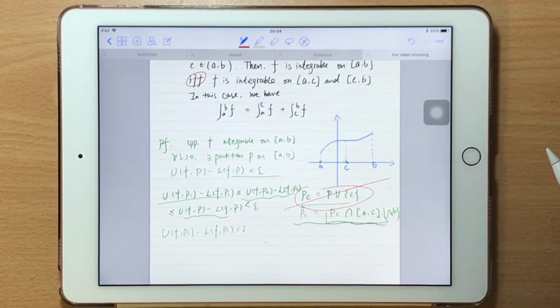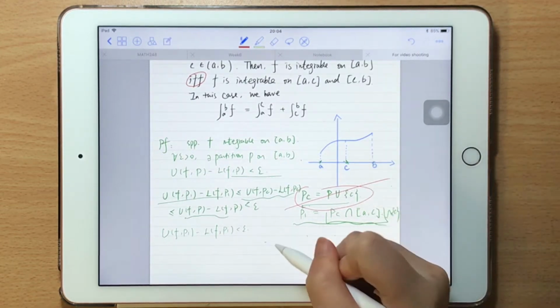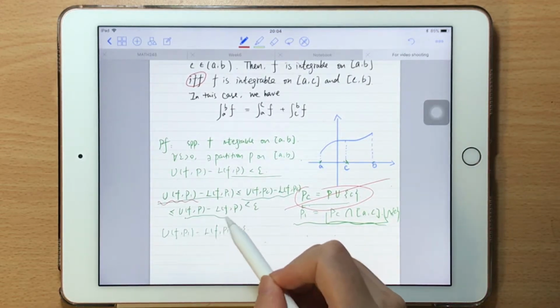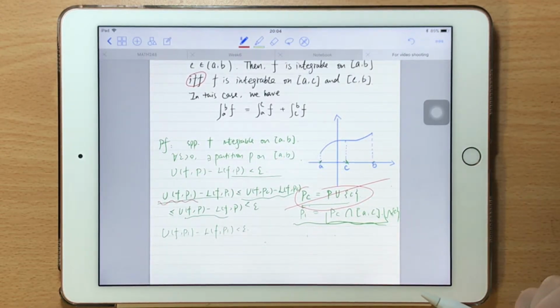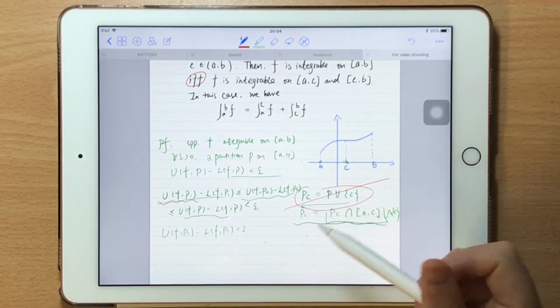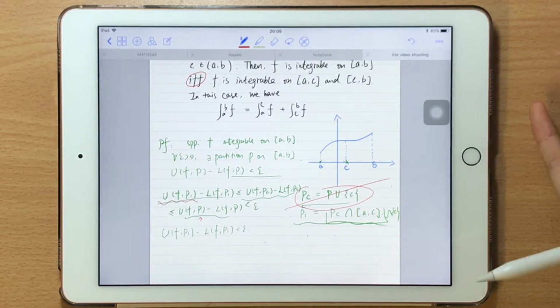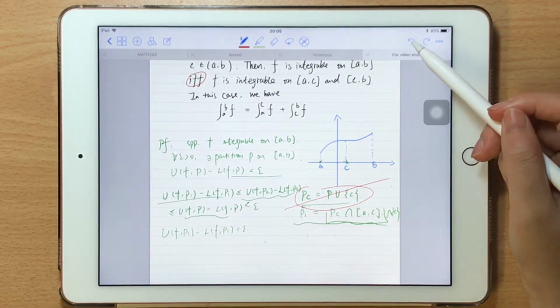In this case, you cannot directly say that U(f,P1) minus L(f,P1) is smaller than U(f,P) minus L(f,P), because you don't know if c is included in the partition P. So this is why we get help from P_c, the partition which is a refinement of P, where you're taking the union of P and the single point c.